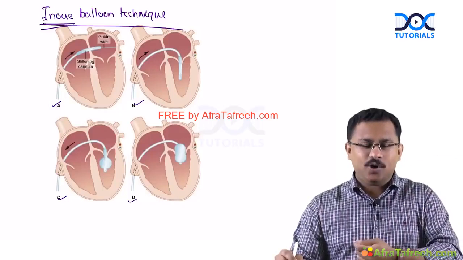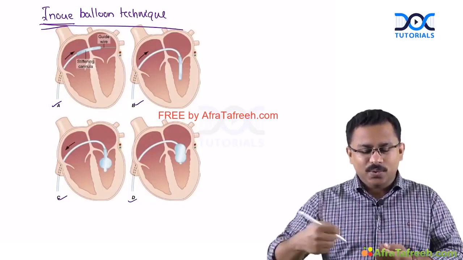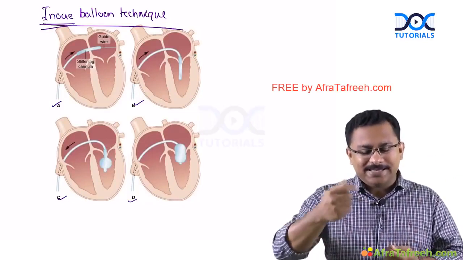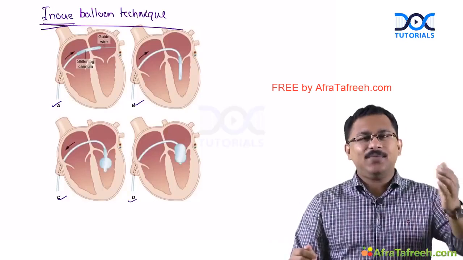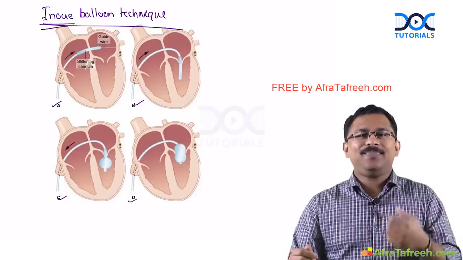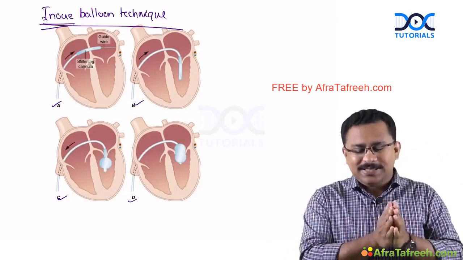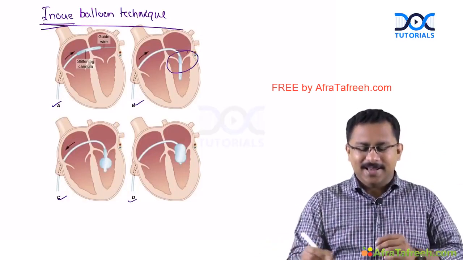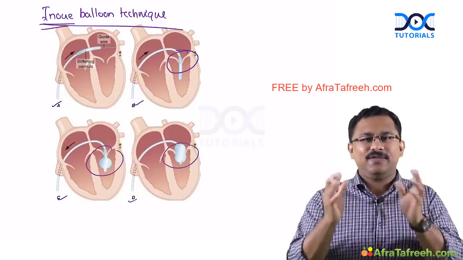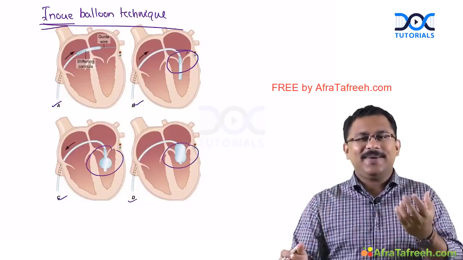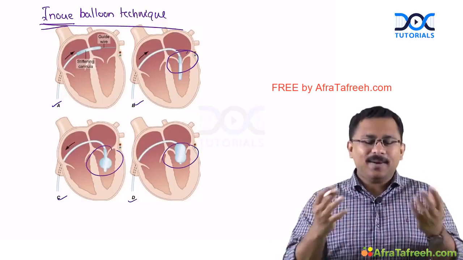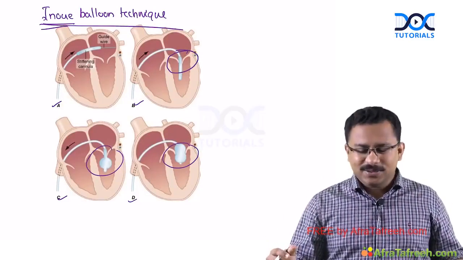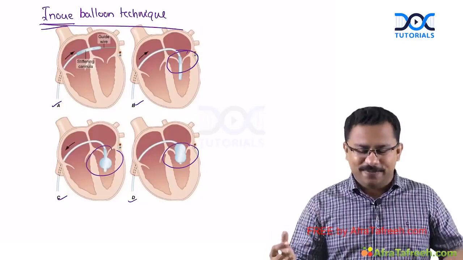It is basically an endovascular procedure. So you can gain access by the femoral vein, and then you go for a transseptal puncture, and the guide wire is introduced into the LA, and then this is advanced across the mitral valve, as you can see here, and subsequently it is inflated across the mitral valve orifice, and thereby it is splitting open the commissures. Okay, so this is how the PMBV is performed.